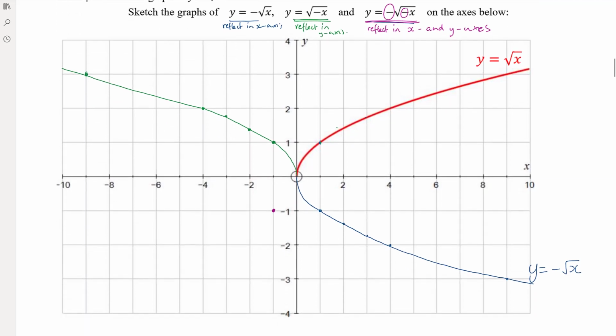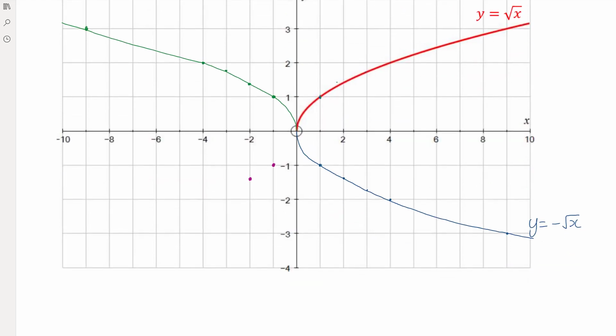The point 2, root 2 becomes the point negative 2, negative root 2. The point 3, root 3 becomes the point negative 3, negative root 3. Negative 4, negative 2. Negative 9, negative 3. Okay, and we get this graph out here that is reflected in both the x and y axes.